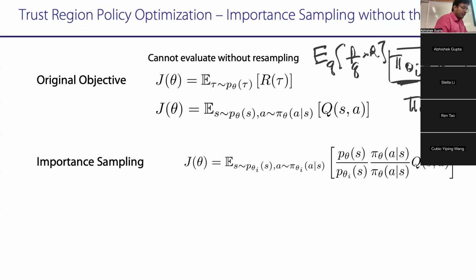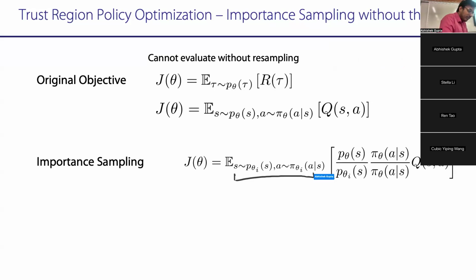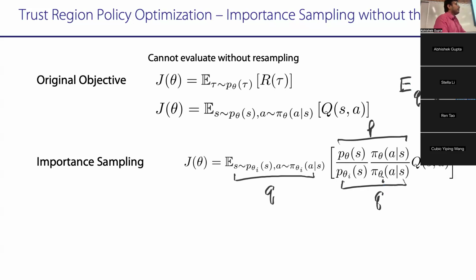So we've said we're going to do importance sampling with pi theta I, which means this thing is your Q, and that thing is your P, right? And so it's exactly the same as the expectation under Q of P over Q times R. This is just importance sampling.